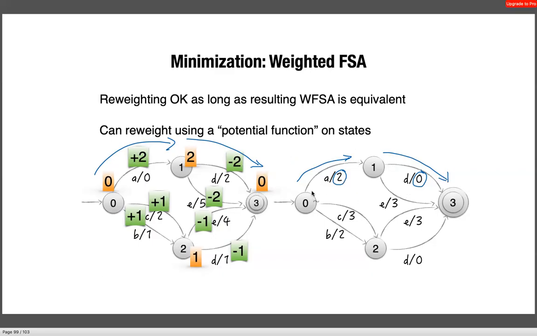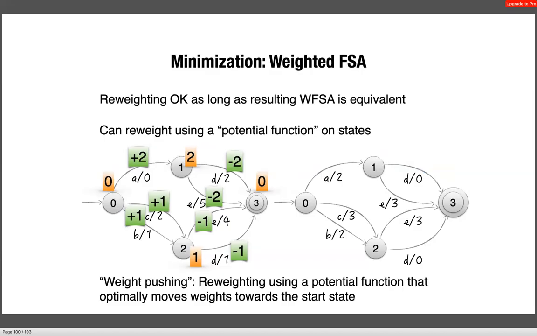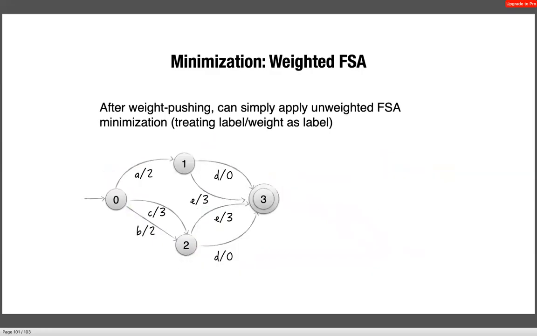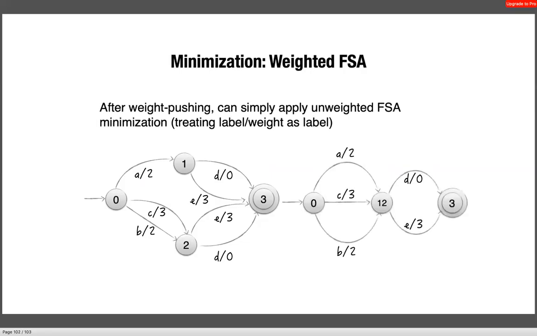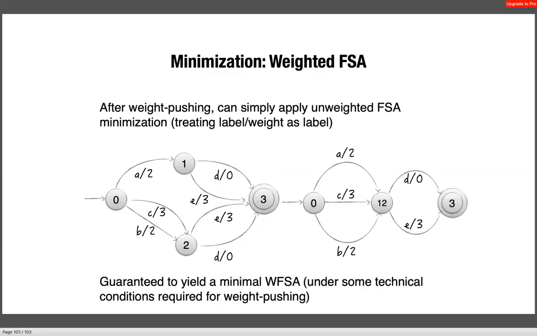So now you've done this redistribution using this potential function, where you're moving the weights towards the start state. Once you've done such weight pushing, you can treat these label-weight pairs as new labels, map them down to new labels, and then simply apply the unweighted FSA minimization algorithm on top of this. You will end up with a machine that looks like this. There are certain guarantees that come with weight pushing.